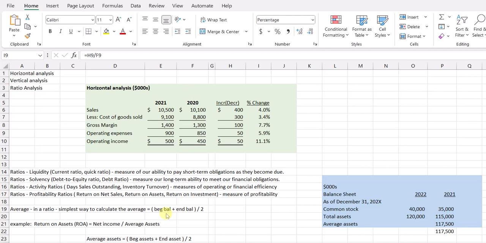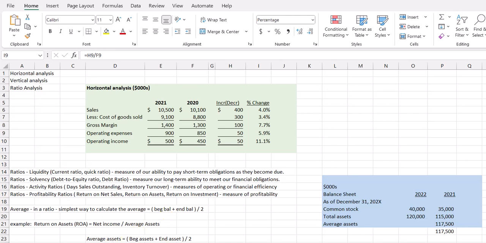All right, the beginning balance is exactly the same as the ending balance from the prior period. So if you're given 2 years, let's say 2025 and 2026, the beginning balance would be the ending 2025, the ending balance would be the ending 2026, and you could calculate the average for year 2026.